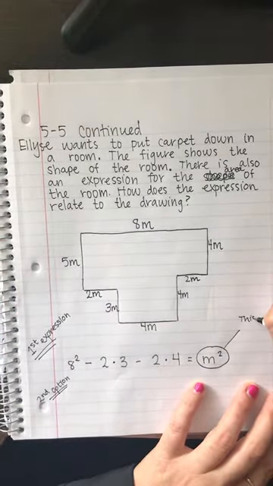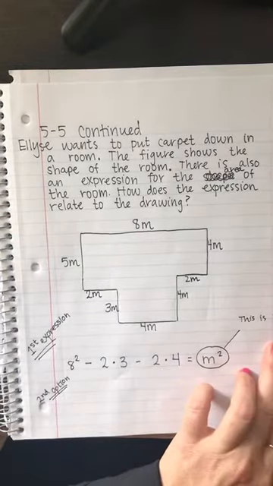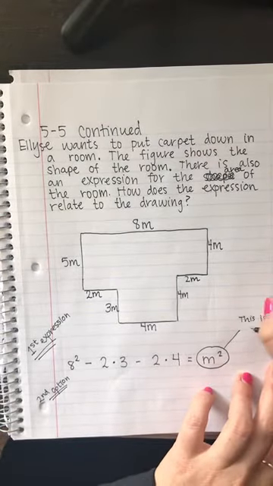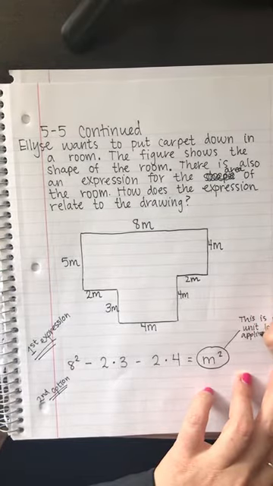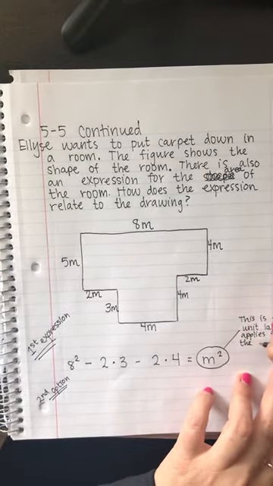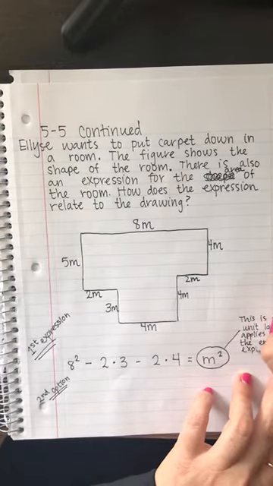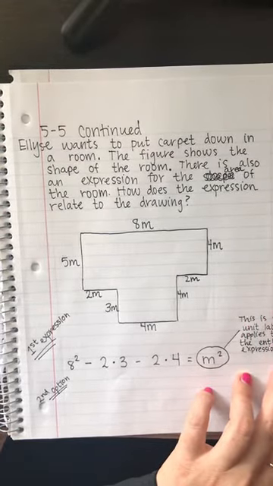So this is the unit label. It applies to the entire expression. And is not a variable.